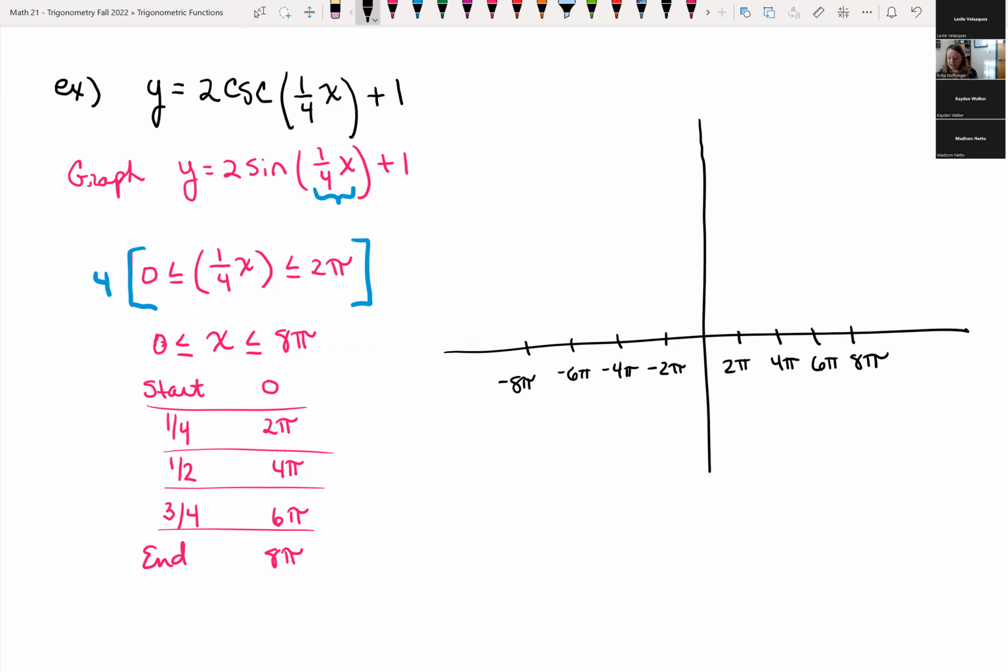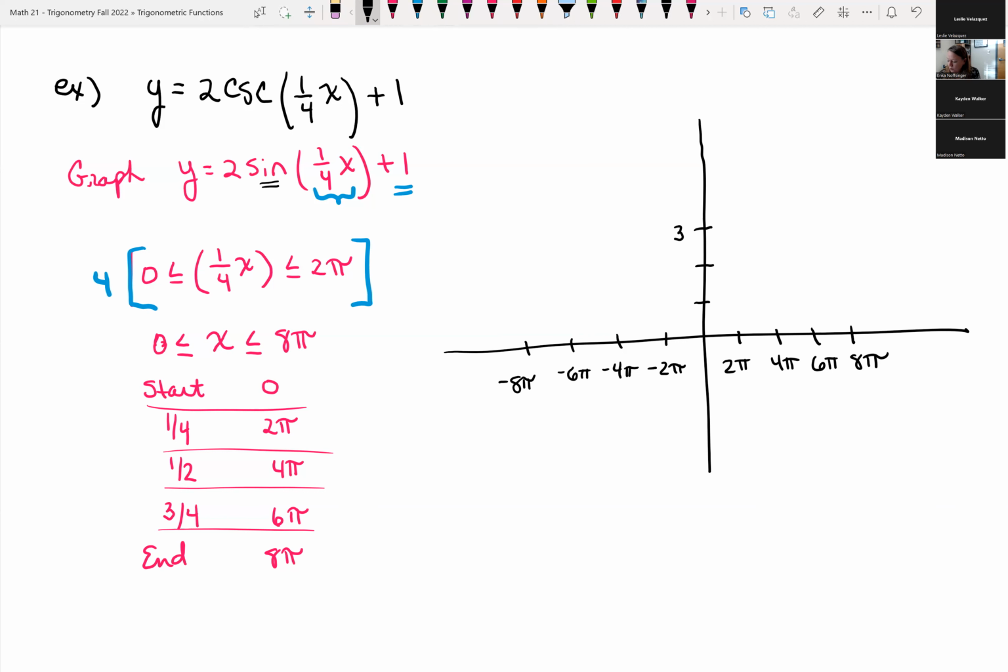So thinking about this, I know I have a sine graph. My amplitude here is 2. So normally my max and my min are going to be 2 and negative 2. But I have a vertical shift because of this +1 here. And so everything's going to be shifted up 1. So my maximum that was 2 before, shifting that maximum up 1 is going to be 3.